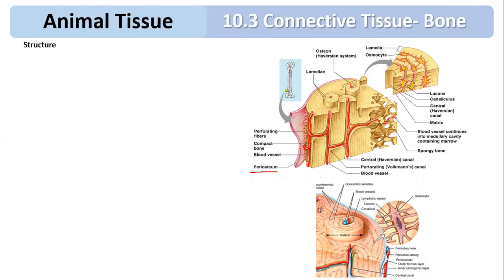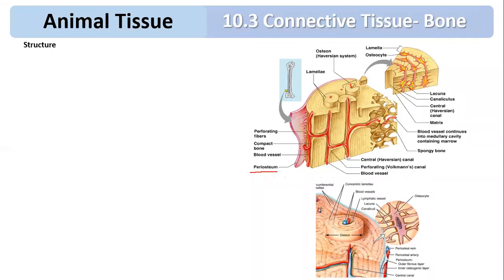Now why is that hardness there? That hardness is there because of the mineral of calcium called hydroxyapatite. All of you know that bone is made up of calcium phosphate. So it is a calcium phosphate mineral called hydroxyapatite.